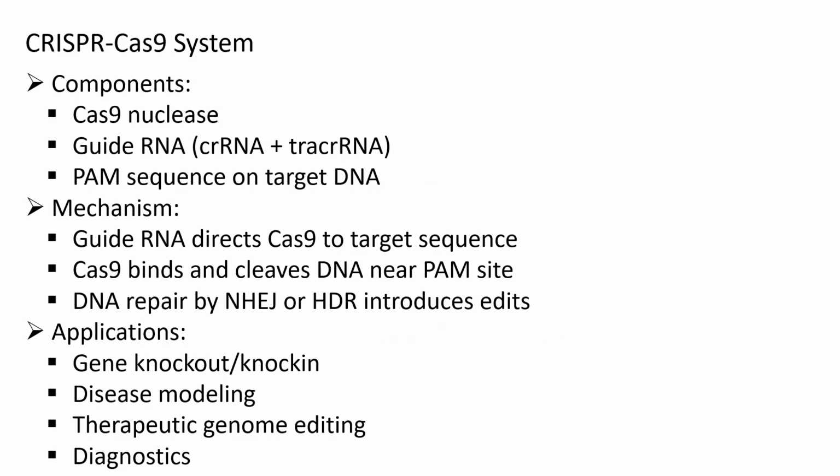The mechanism is that the guide RNA directs Cas9 to the target sequence, and Cas9 binds and cleaves DNA near the PAM site. DNA is repaired by NHEJ or HDR, introducing edits.